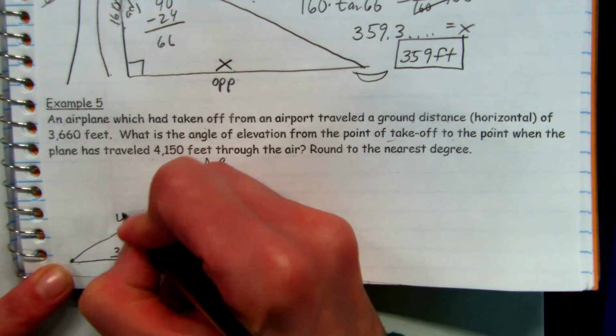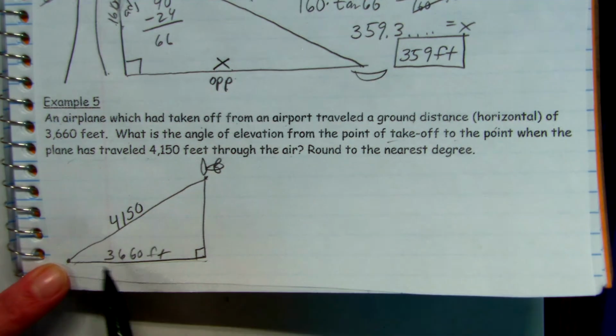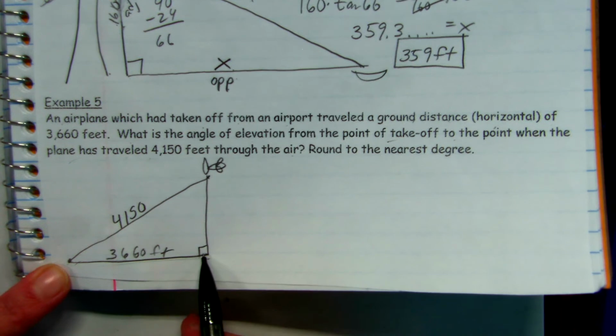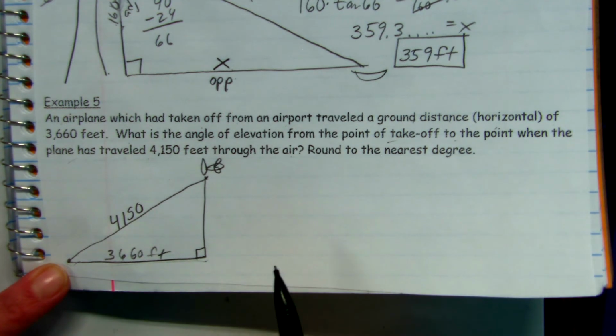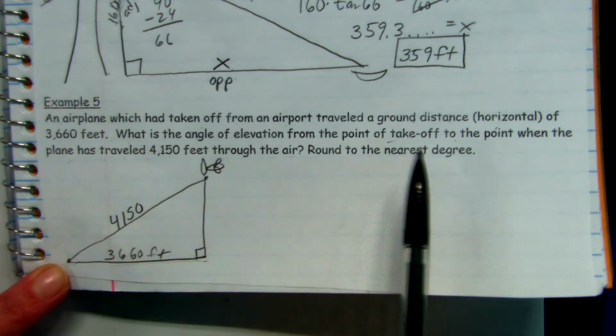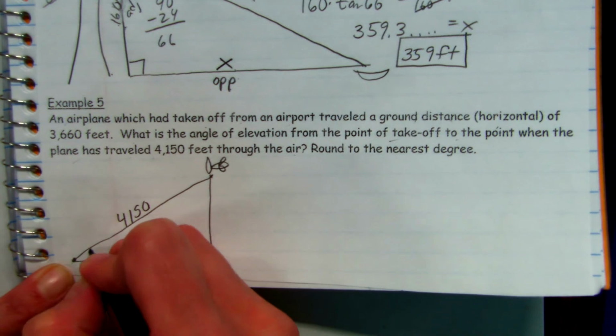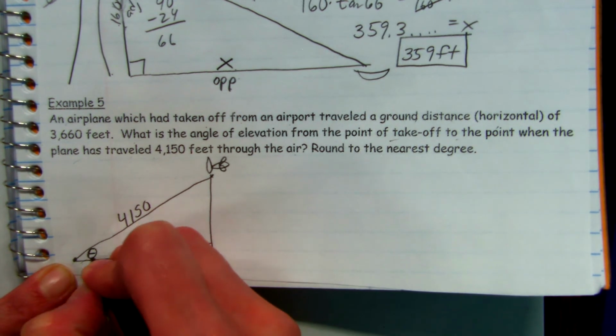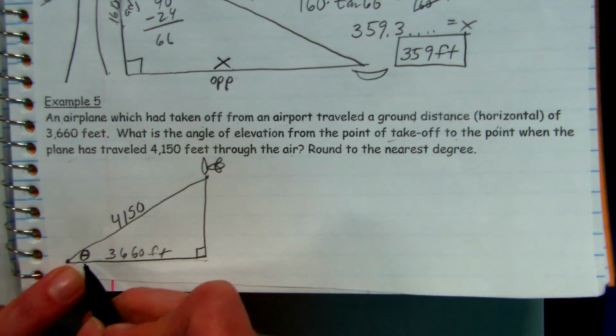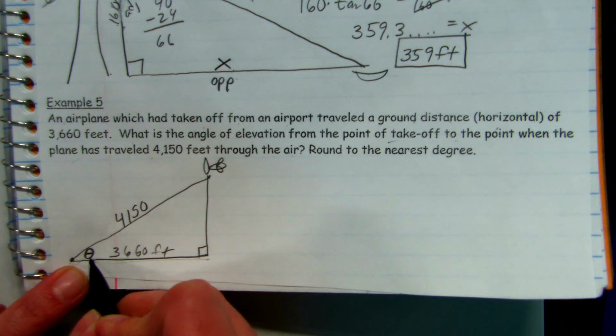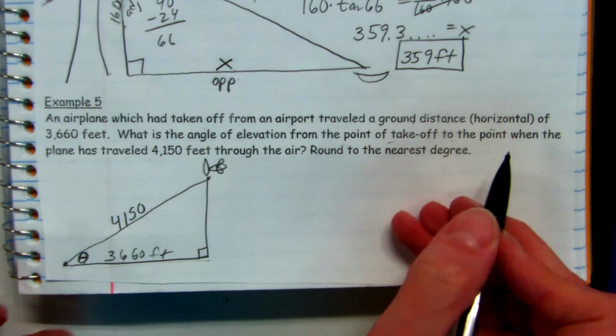So it's traveled actually this far. And this is the amount of ground it's covered underneath. And they're wanting the angle of elevation at the takeoff point. So that basically tells you that the angle we're looking for is going to be over here.